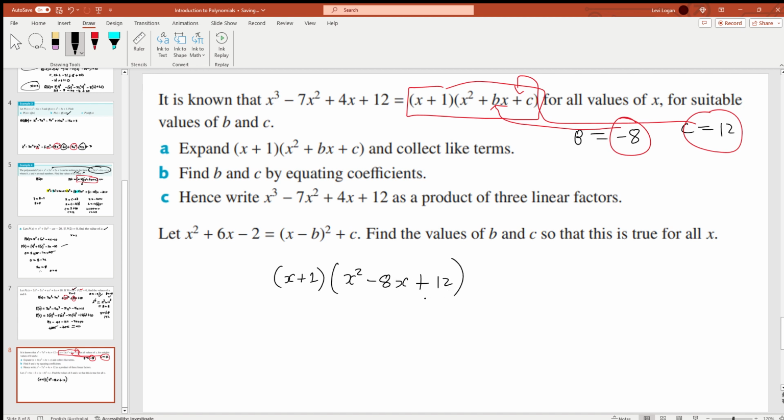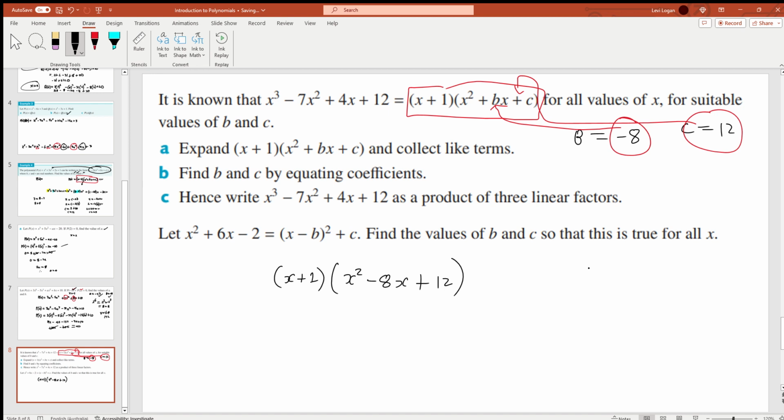Now we've got to think, what two numbers multiply to give 12 and add together to give minus 8? We've got to think, are they going to be whole numbers or some funny values? But looking at the numbers we have here, I have a feeling they're going to be nice whole numbers.